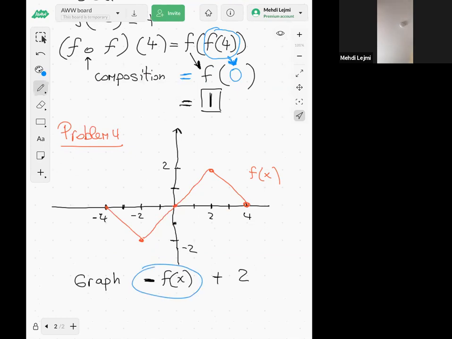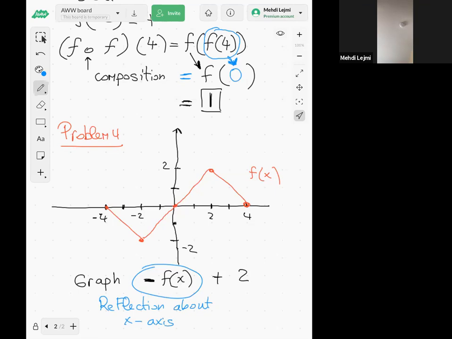You need to check your transformations, guys, but minus f of x is the reflection about the x-axis. If you had f of minus x, with a minus inside, that would be a reflection about the y-axis. So this is a reflection about the x-axis.